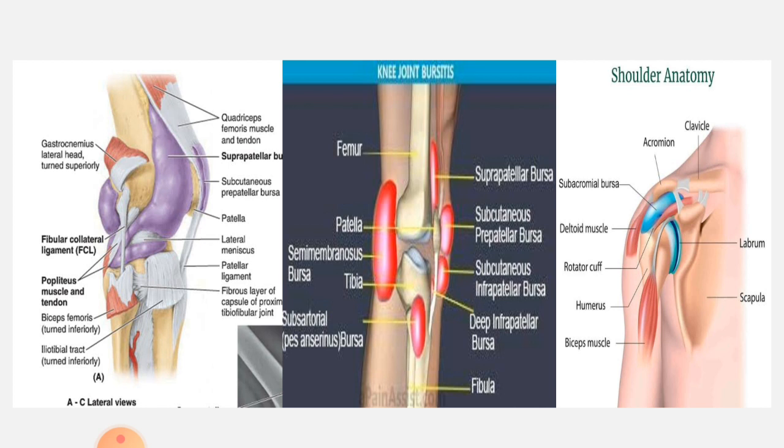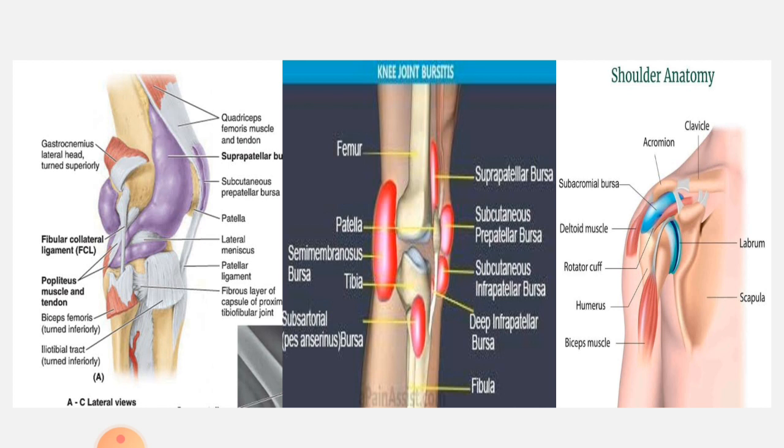You can see the suprapatellar bursa. You can also appreciate the subcutaneous prepatellar bursa, which is a type of subcutaneous bursa. You can also see the bursa between the ligament and the tendon, which is between the biceps femoris and the fibular collateral ligament.